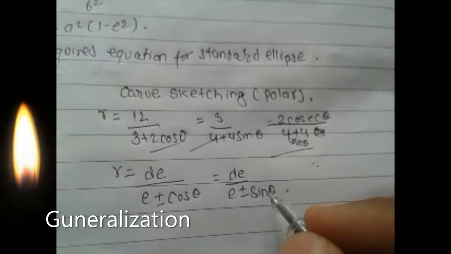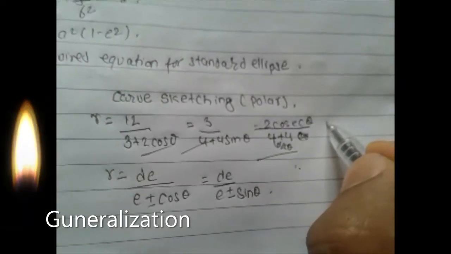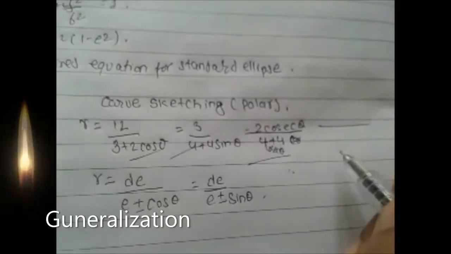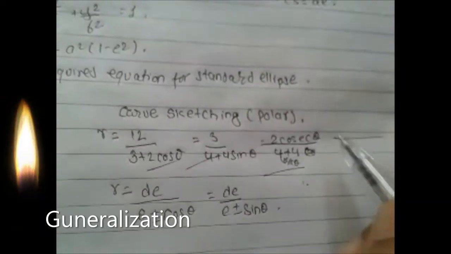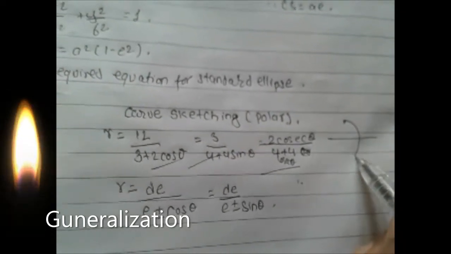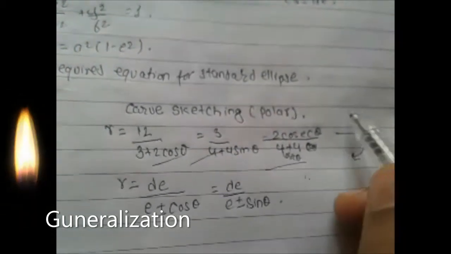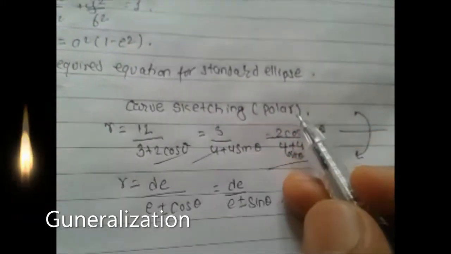Sin theta or cos theta will tell us what the major axis is, or the transverse axis in the case of a hyperbola. And plus minus deals with the direction from where the curve moves, from positive to positive or negative to positive.